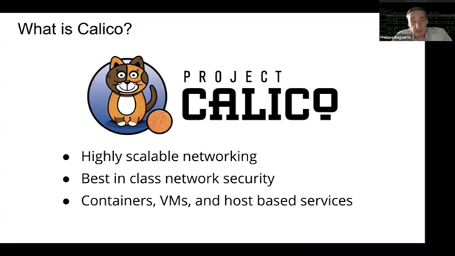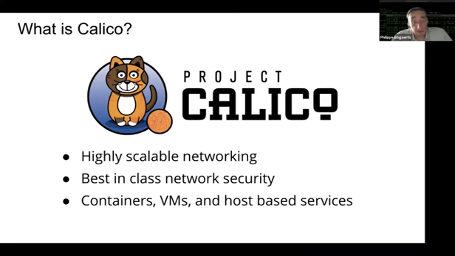So Calico itself, why would you choose Calico? Because it's highly scalable, meaning that you can build very large clusters. I'm often confronted with the question, yeah, but if I only have 2-3 nodes, why would I use Calico and not Flannel or something else? Well, think about it.